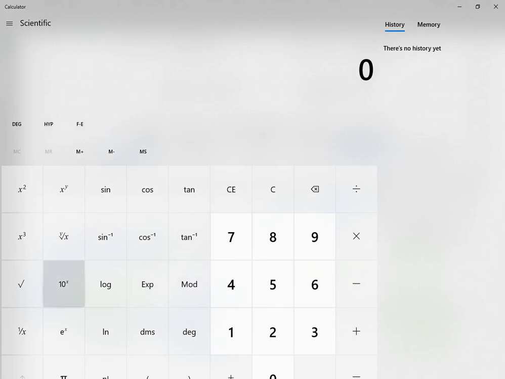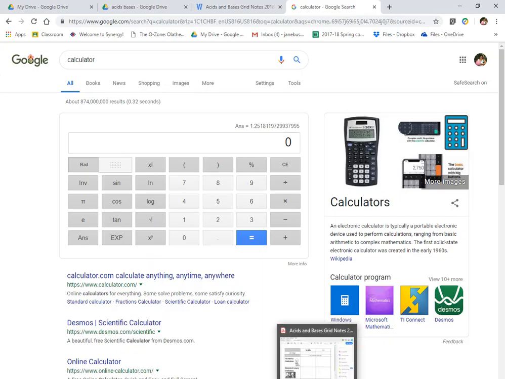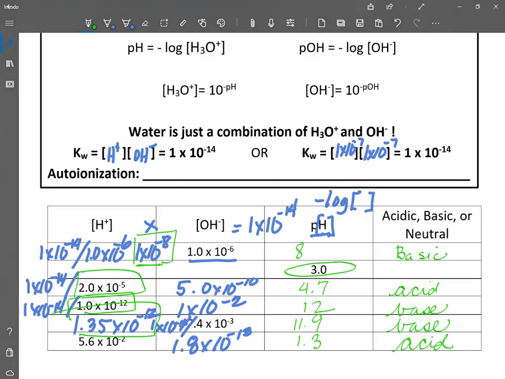If I put in a negative 3, that gives us a concentration of 0.001. And that is the concentration for the hydrogen ions.